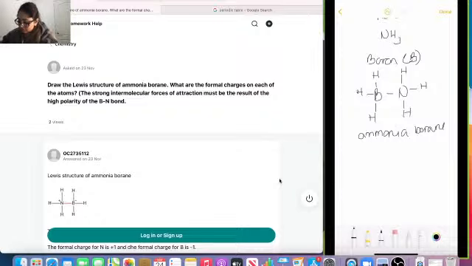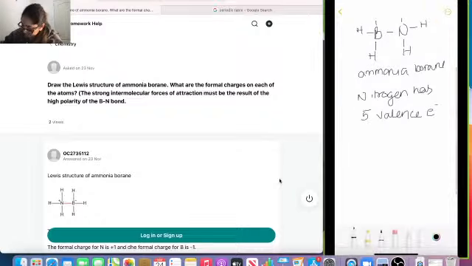Okay, and now we're talking about formal charges. To get the formal charges, we need to see basically how this is formed. So recall that nitrogen has 5 valence electrons and boron has 6 valence electrons.